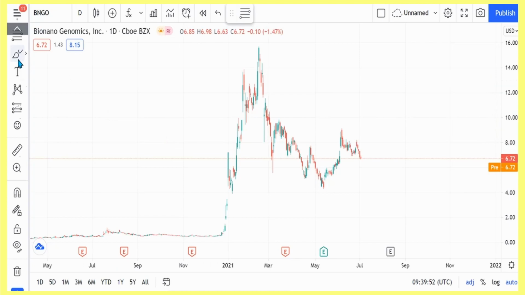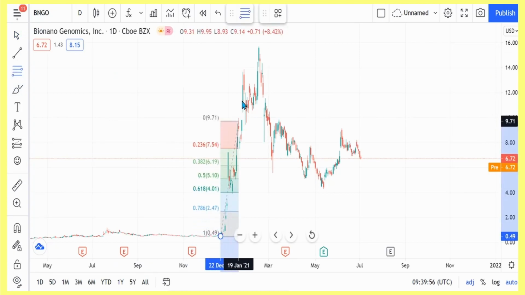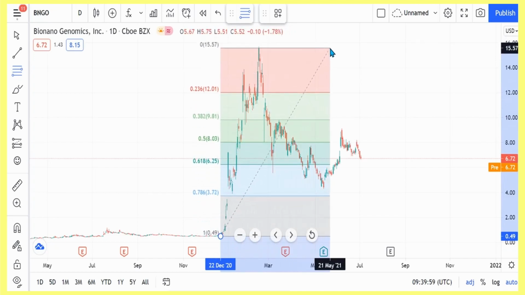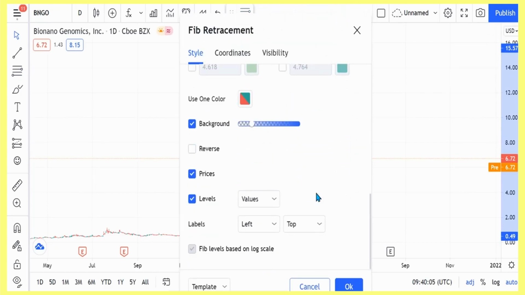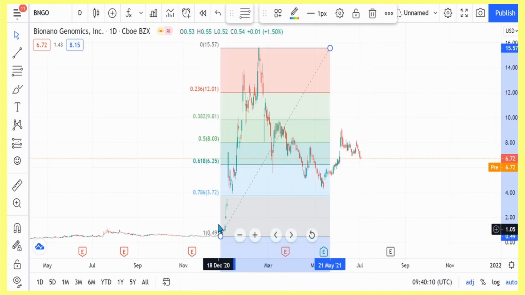If I take my Fibonacci tool from the low to the up here, and let me check my setting of the Fibonacci. Okay, if you look at this particular Fibonacci setting, the price fell down almost 70%. It is beyond 50%, about 70% fell down, right?